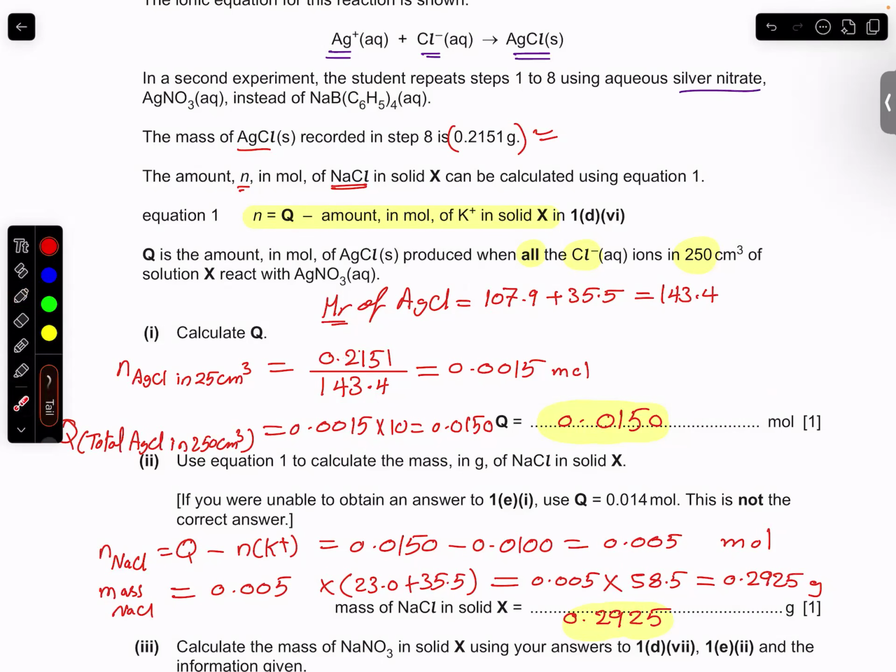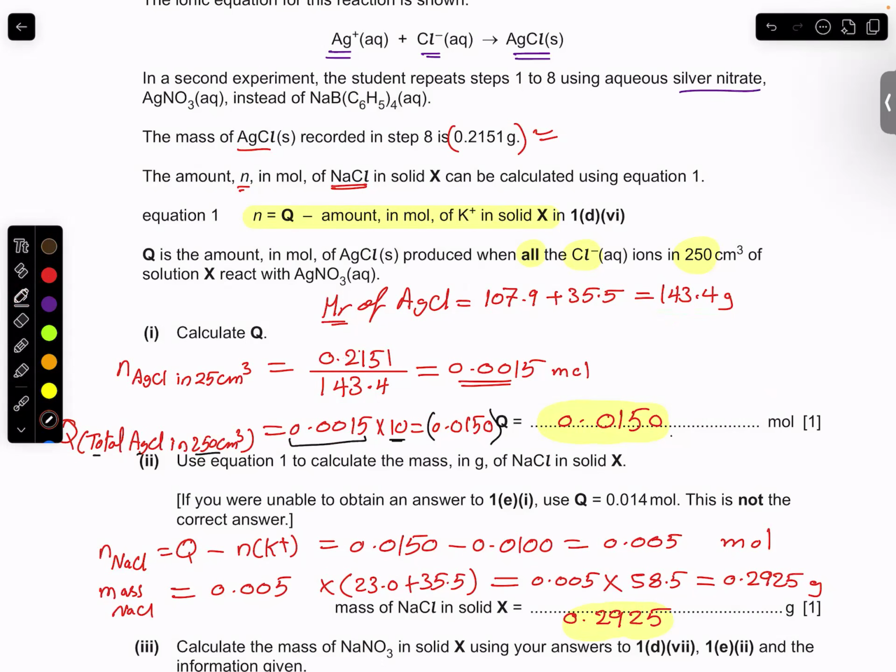Mass over molar mass equals the number of moles of AgCl in 25 cm³. To calculate the total AgCl in 250 cm³, we multiply this number by 10, which equals 0.015.